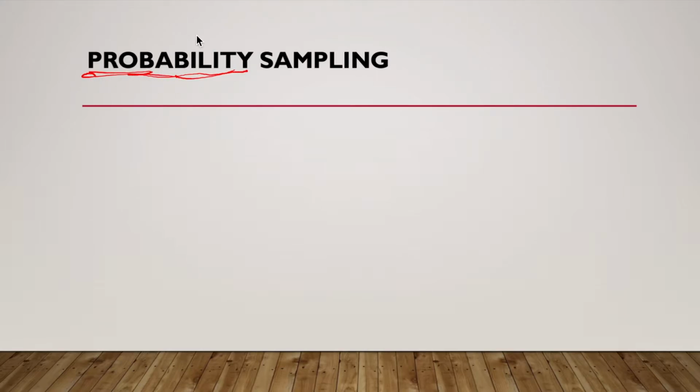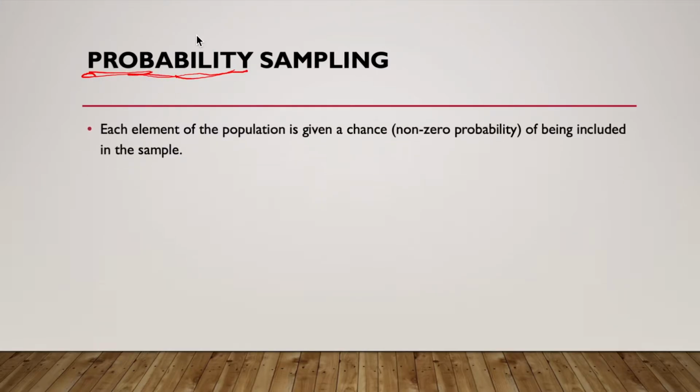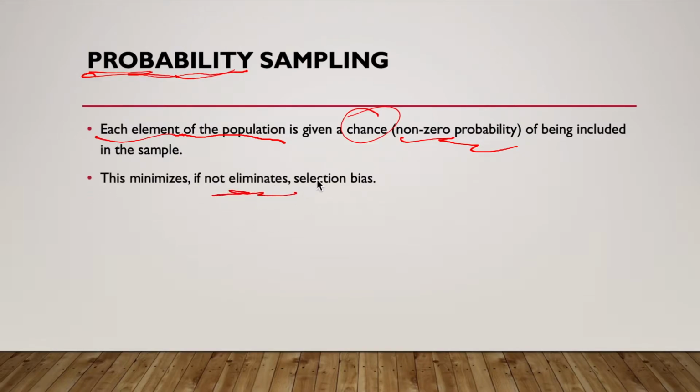Probability sampling is a type of sampling in which each element of the population is given a chance, often an equal chance, which is a non-zero probability. Everyone has a chance to be in that sample, which makes it fair for everyone. Since everyone is part of that population, why not include everyone in the sample? This minimizes, if not eliminates, selection bias.